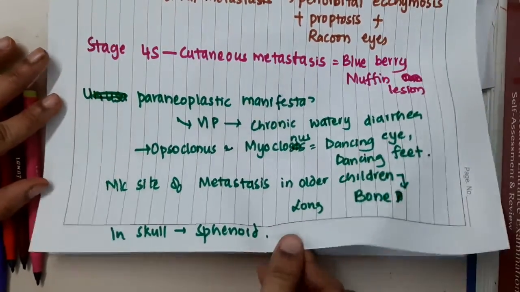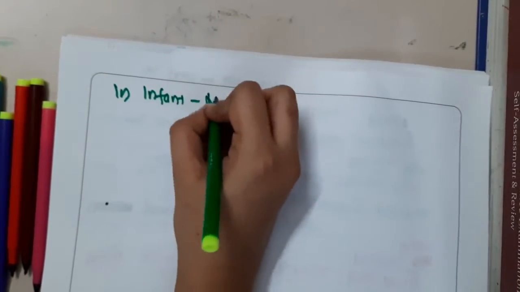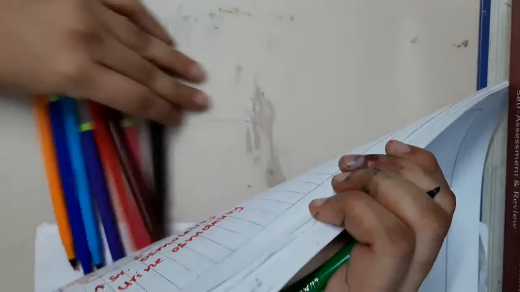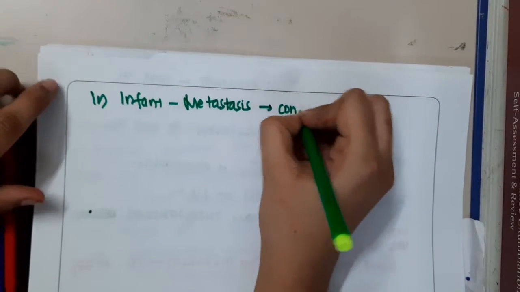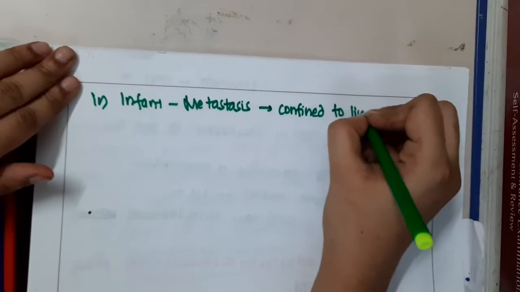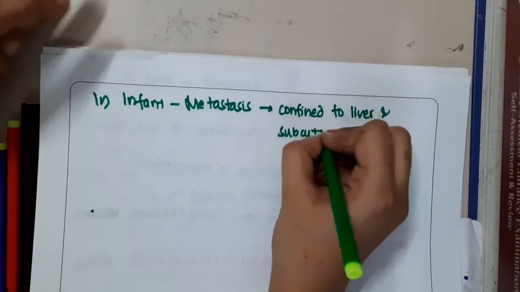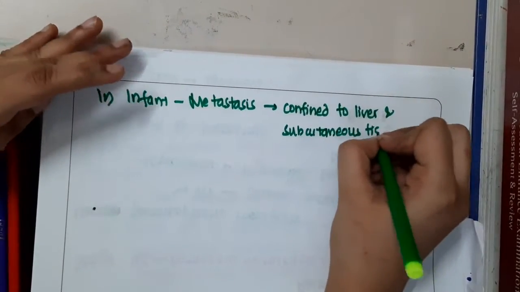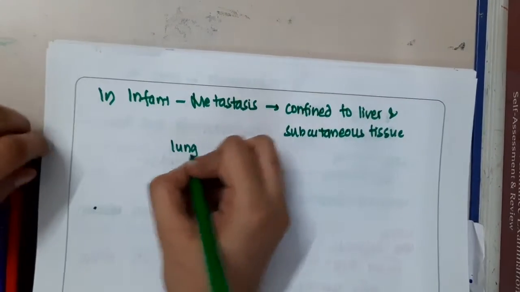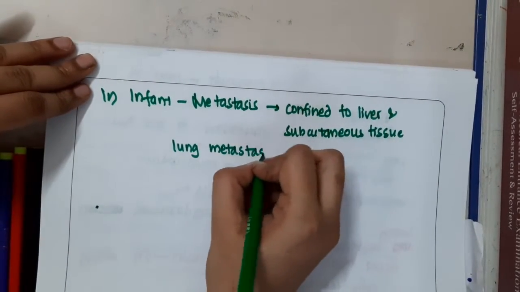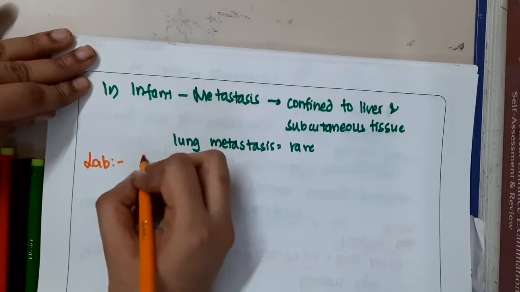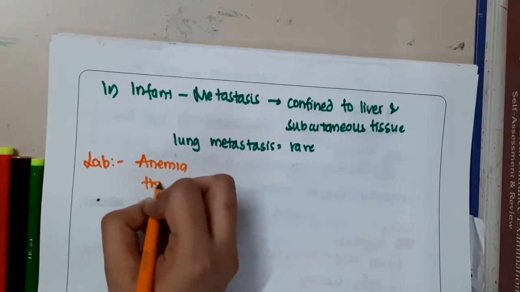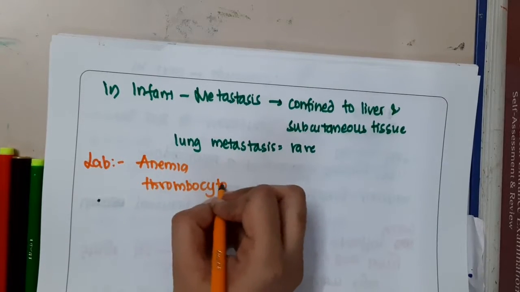In infants the metastasis is confined to the liver and subcutaneous tissue. Lung metastasis is rare.